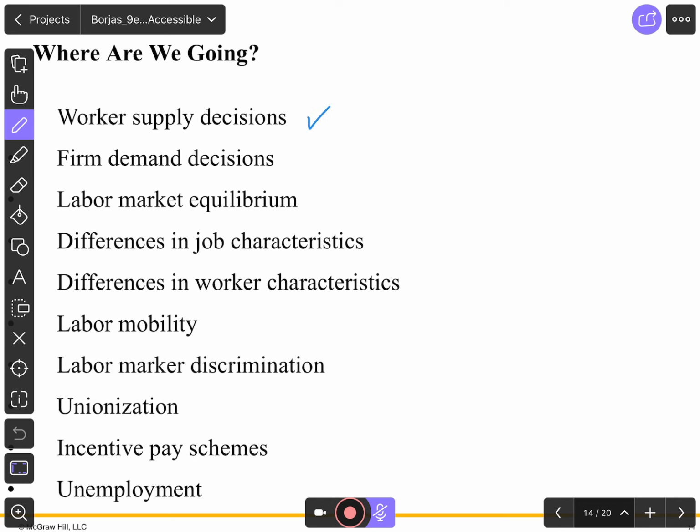So the next chapter will be about the supply decisions, the demand decisions, equilibrium, differences in job characteristics, okay? And this is from the demand side, right? So we are talking about more details of this one. And then differences in workers' characteristics, so we will be talking in more detail about the first one. And then we will be talking about mobility, the ability of workers to move between jobs, between states, between counties, and how this affects the labor wage.